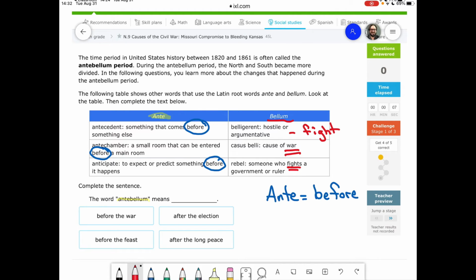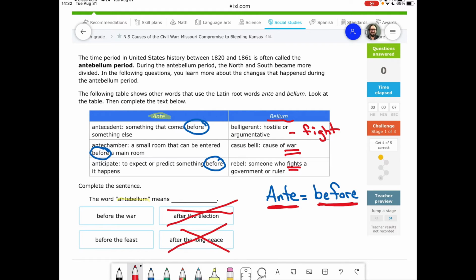Well, a war is a fight. Now, if we look at our answer choices, we can go ahead and rule out after the election, and we can rule out after the long peace, because we know that ante means before. So that leaves us with before the war and before the feast.